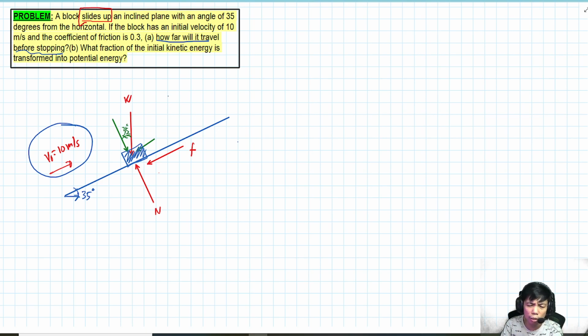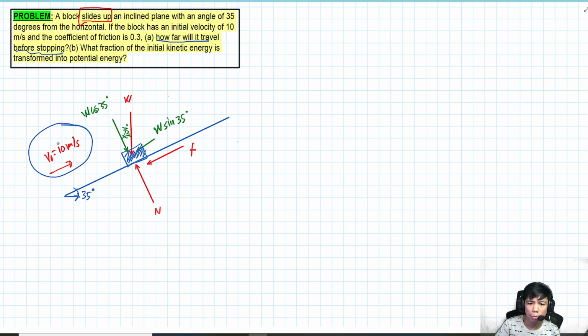So, pag alam mo guys yung angle from the horizontal, pwede mo na makuha yung weight along the incline and then the normal to the incline. Yung along the inclined plane is W sine of theta or 35 degrees. Tapos yung ating normal component is W cosine of theta or 35 degrees.